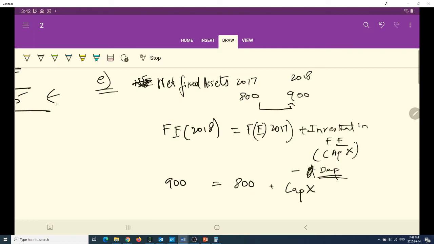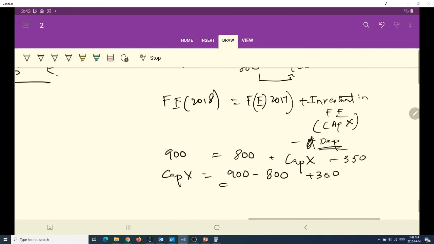No, this is minus here. So this would be capex minus depreciation, and depreciation is 350. So capital expenditure is going to be 900 minus 800 plus 350, and that's going to be 450.